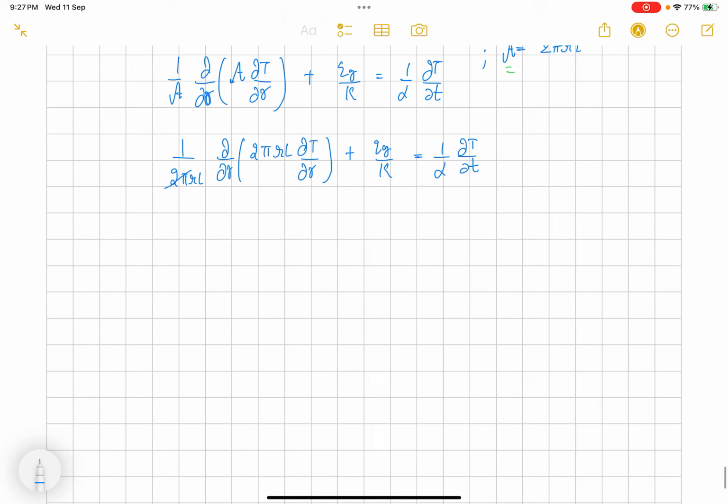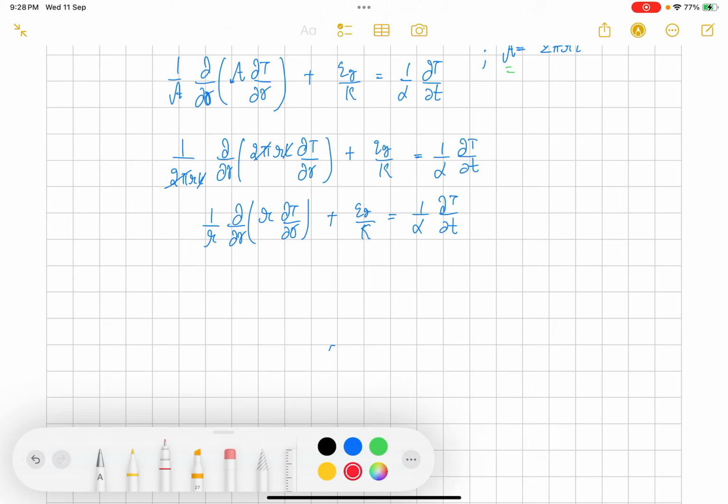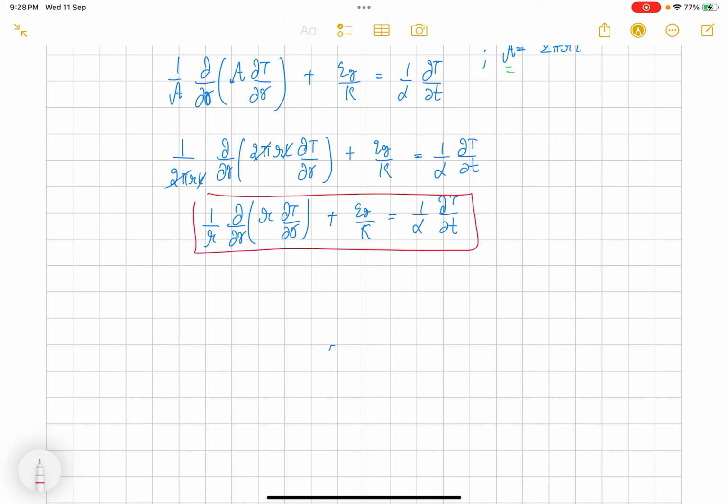Since 2 pi L are all constant, they will be cancelled. So only 1 by R del by del R of R times del T by del R plus QG by K is equal to 1 by alpha del T by del t. We will be getting this. So this will be the governing equation when heat is flowing radially through a cylindrical body.